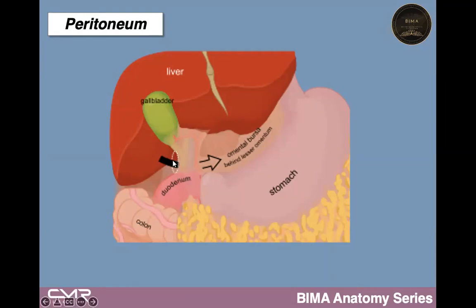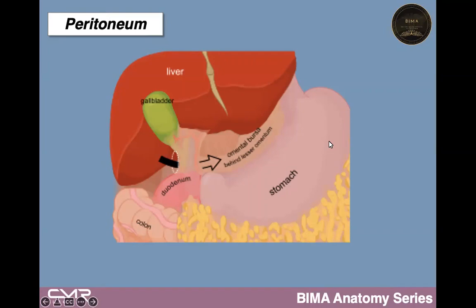Just inferior to it, you have the hepatoduodenal ligament, and just in the inferior margin of the hepatoduodenal ligament, you have a small little orifice here, and this is the opening from the greater sac into the lesser sac, and the omental bursa is just behind the lesser omentum, which will be accessed through this foramen here, the epiploic foramen.